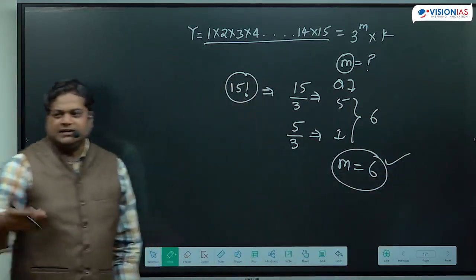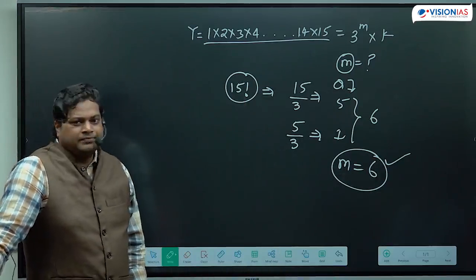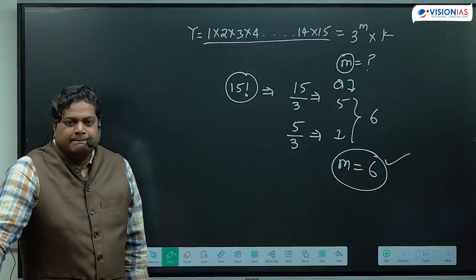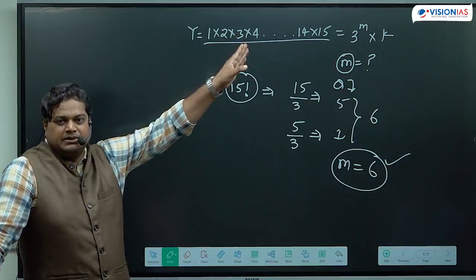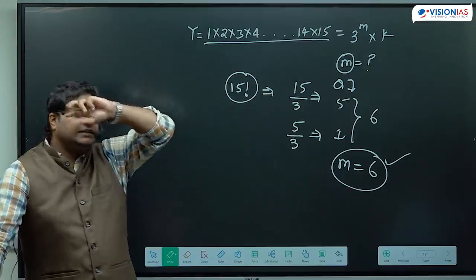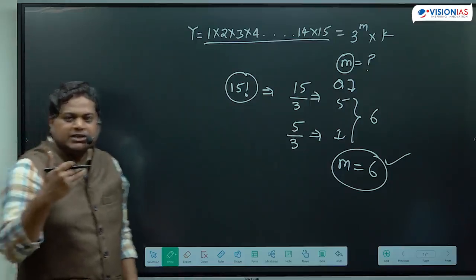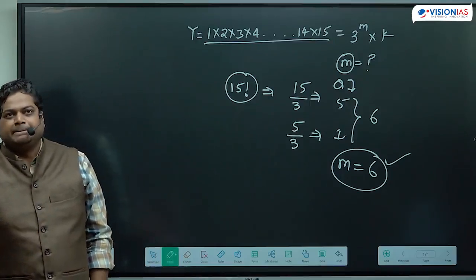Option में ऐसे ही था 5, 6, 7, 8. M की value 3 के पावर m. That means 3 is coming how many times? So maximum possible value of m is 6. Basically it is asked how many times 3 is coming. It is coming 6. Correct?